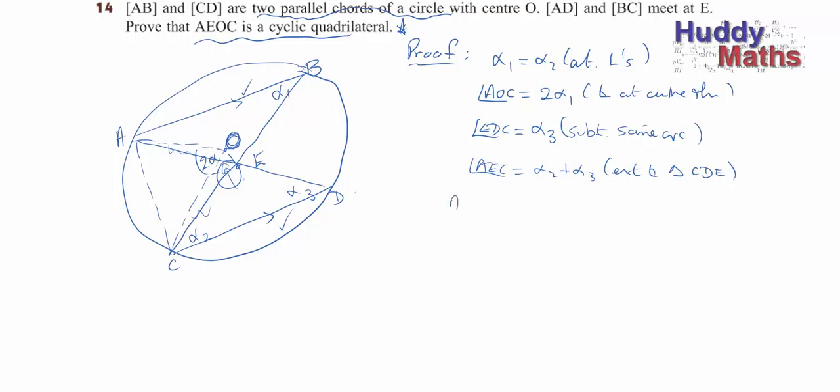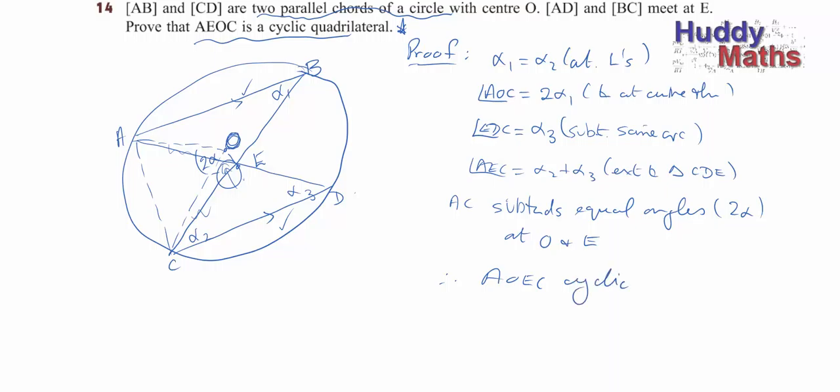In other words, AC subtends equal angles, and they're both 2 alphas, at O and E. Therefore, AOEC is cyclic. Okay, and we can say get rid of that as required, because we've shown it subtends 2 equal angles on the same side. So that's just that one in there.